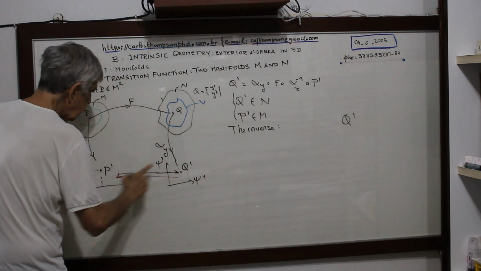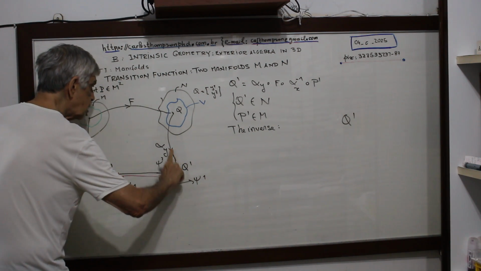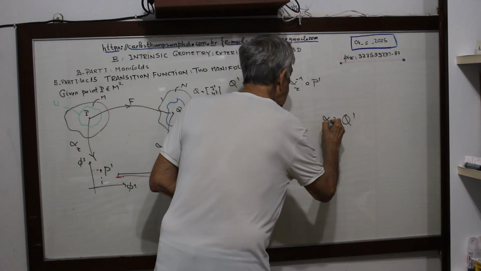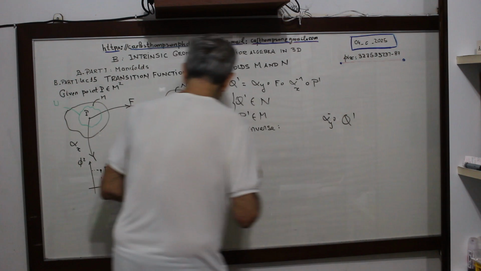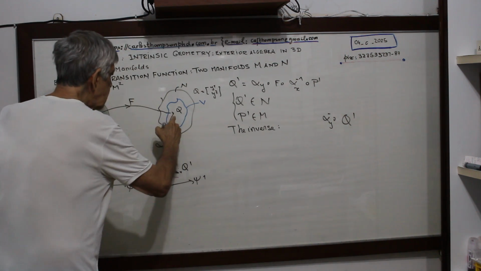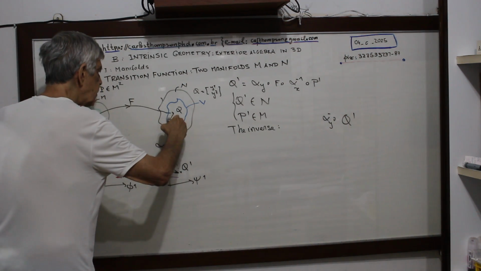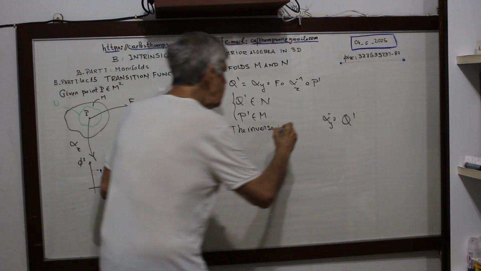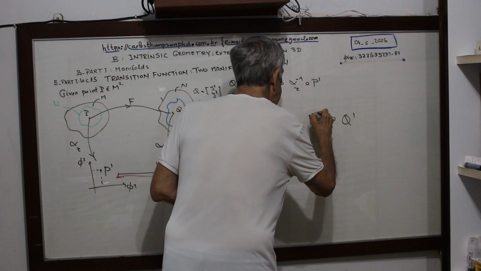Then the path from here to here, I go this way. So this composes alpha y minus 1, I get point Q. Now I use, attention now, F inverse.